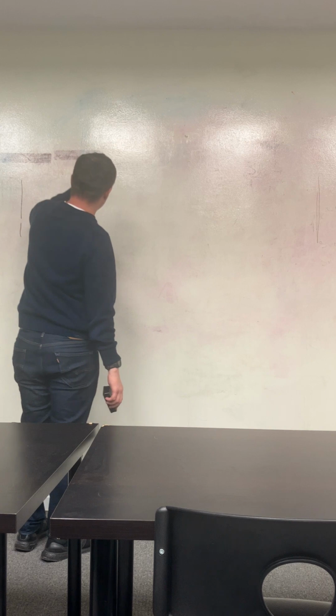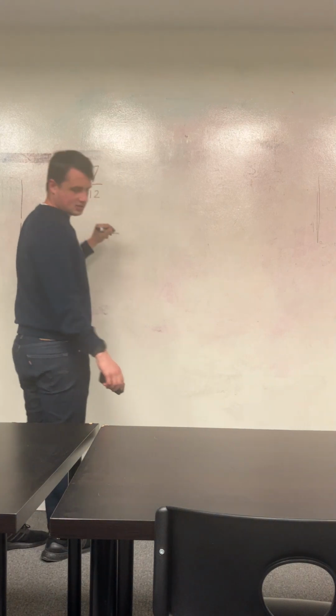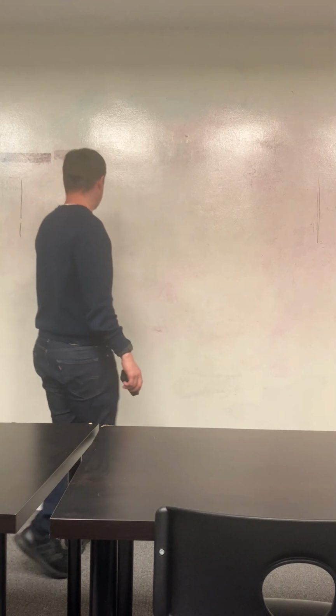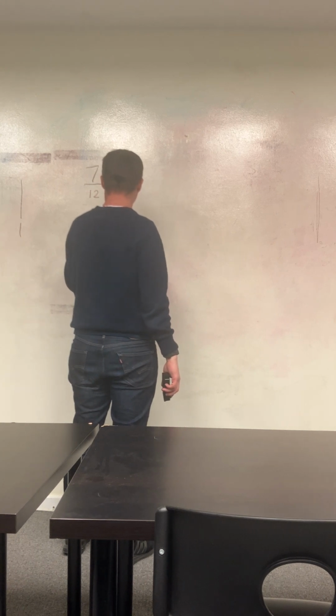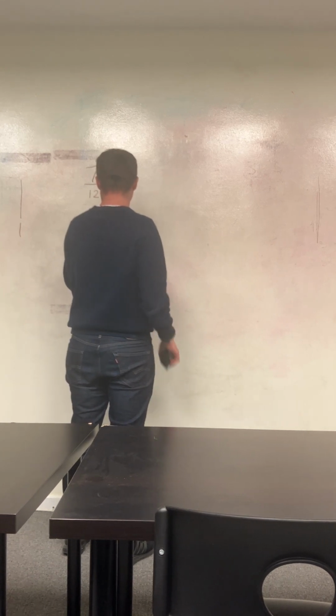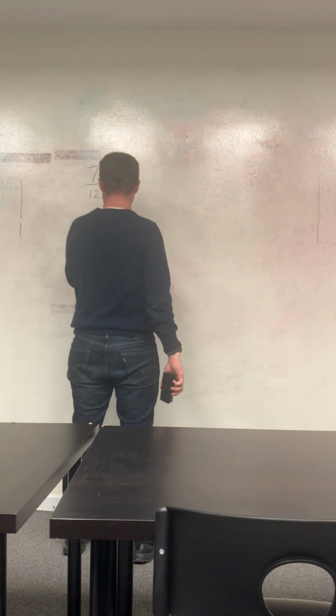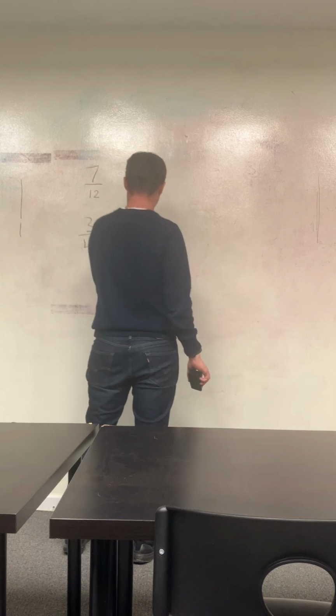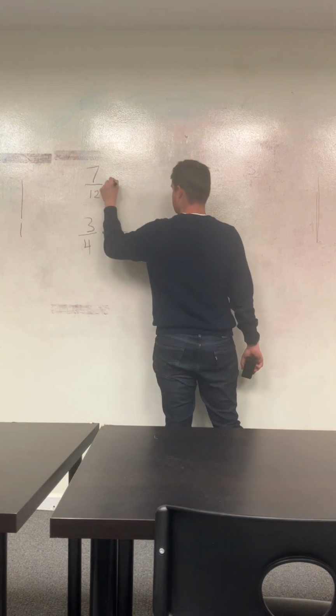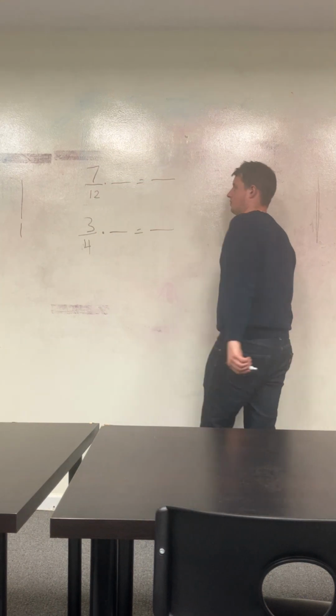So this one's harder. 7 over 12 and 3 over 4. My hint to you is look at the 3 over 4 first. I'm looking at the 4 first.